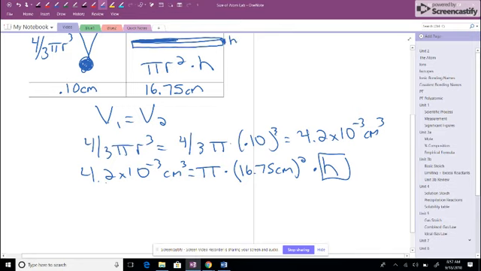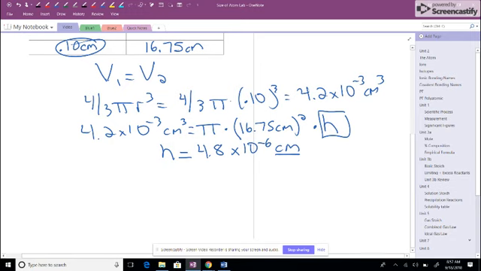So let's divide both sides by pi and by 16.75 squared. We do that and we get h equal to 4.8 times 10 to the negative 6 centimeters. Now again, we're back at a distance. We got rid of our cubes and our squares because we divided centimeters cubed by centimeters squared. And again, I have two sig figs here because the least in my values up here was 2.